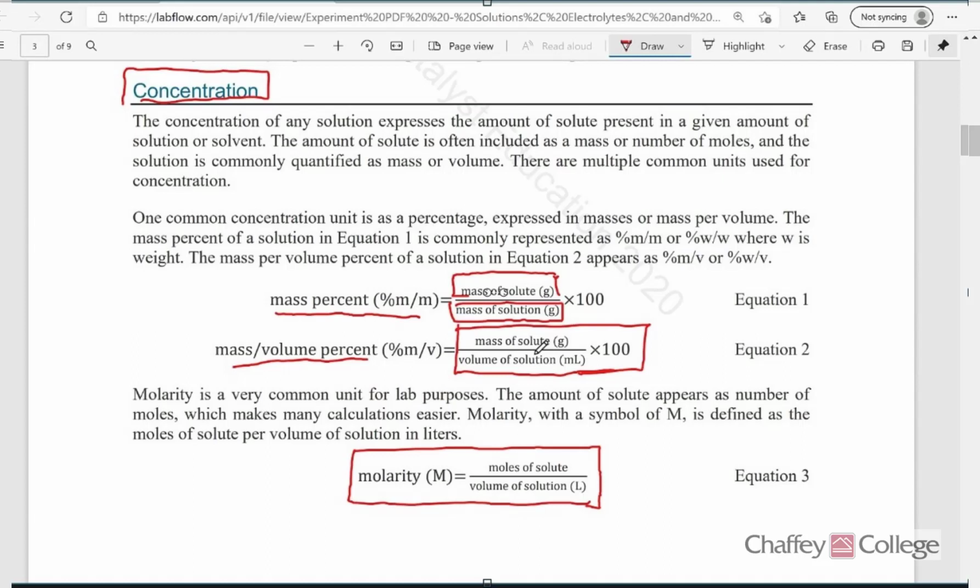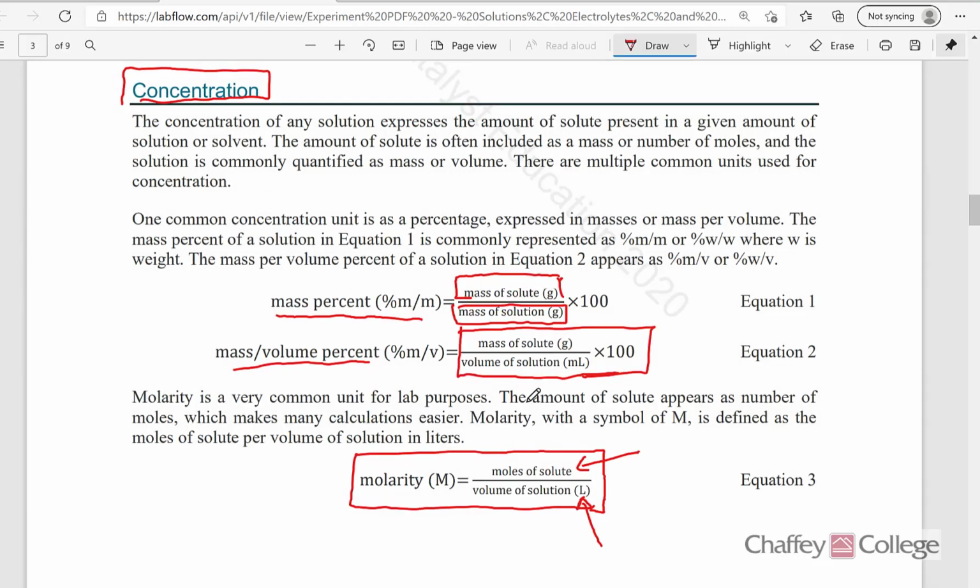Mass over volume percent can be calculated by taking the mass of the solute divided by the volume of solution multiplied by 100. Molarity is the common concentration unit used in a chemistry lab. Molarity can be calculated by dividing the number of moles by the volume of solution, and the volume of solution must be in liters. So these are the three sections in this lab.